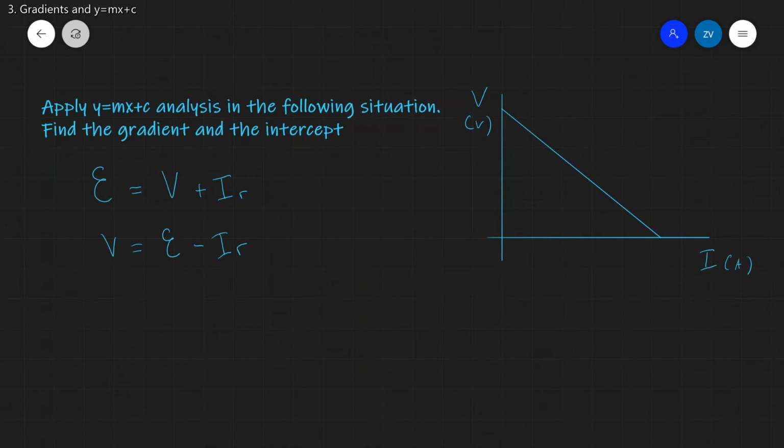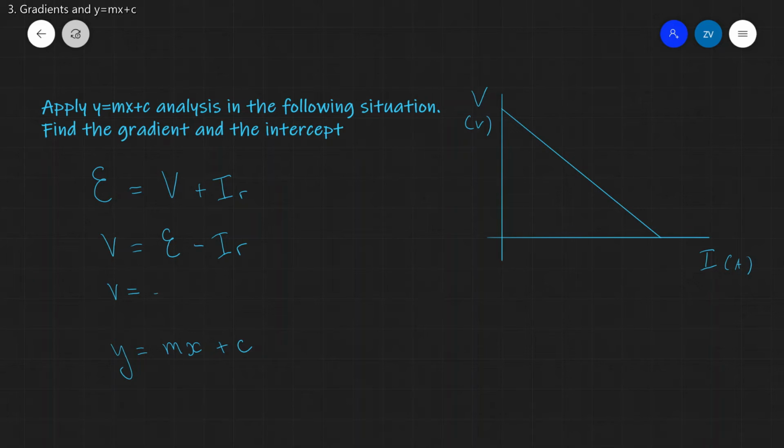Now let's apply y is equal to mx plus c analysis. Because I can see that I is on the x-axis and the equation is y is equal to mx plus c, just to make this a little bit easier to compare with y is equal to mx plus c, I'm just going to swap the positions of those two terms.